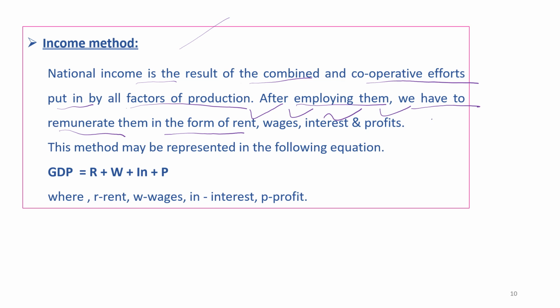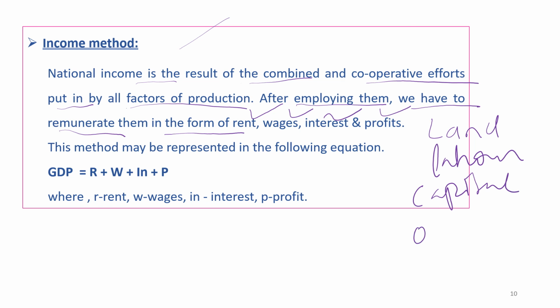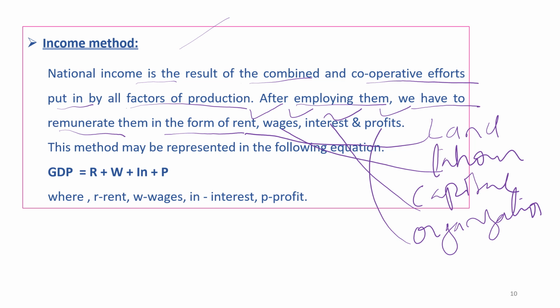What are the factors of production? Land, labor, capital, and organization. For land, you are going to pay rent. For labor, wages, for capital, interest, and for organization, profit.